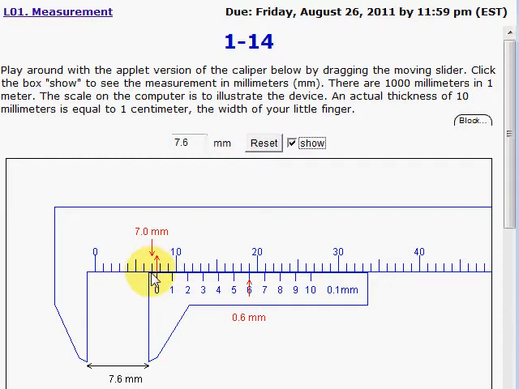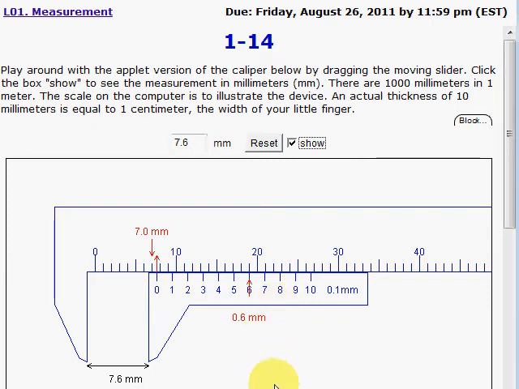You go with the left number. So if you're between 7 and 8, you go with 7. So see, this is 5, 6, 7. You go with the 0. Make sure you don't go with that leading edge. Go with the 0. So that's 7, and then the decimal point is going to be your 0.6, because that's where you have the things lining up. So that's the way to do that one.